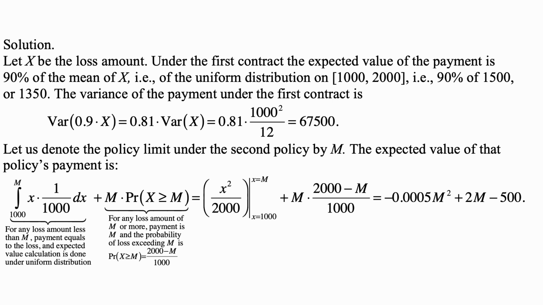So the first integral is equal to the integral of X over 1,000, which is X squared over 2,000, evaluated from X equal to 1,000 to X equal to M. And the second expression is equal to M times 2,000 minus M over 1,000. And that ends up being equal to minus 0.0005 M squared plus 2M minus 500.